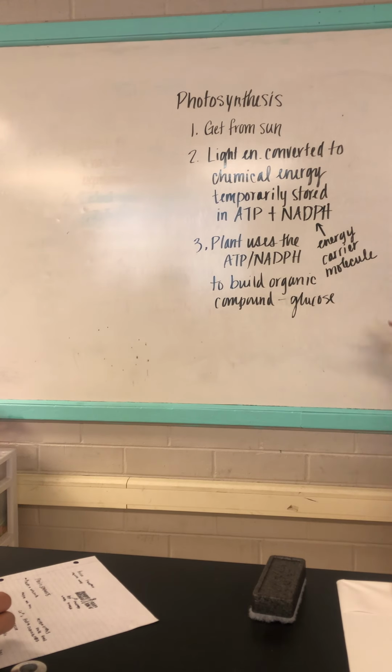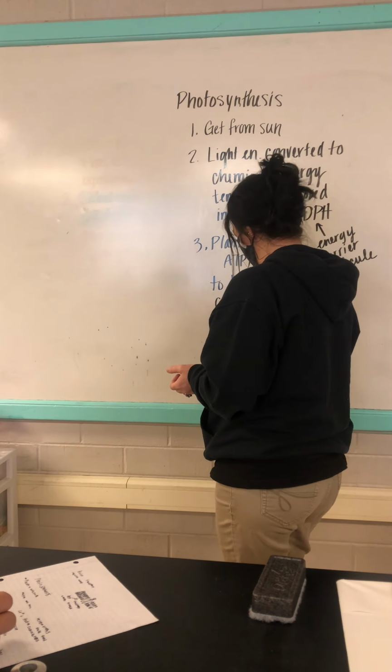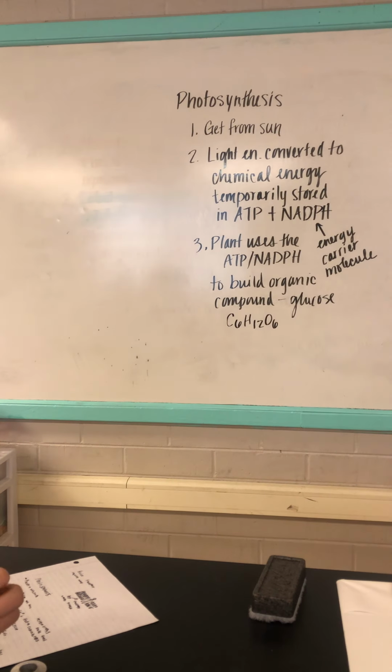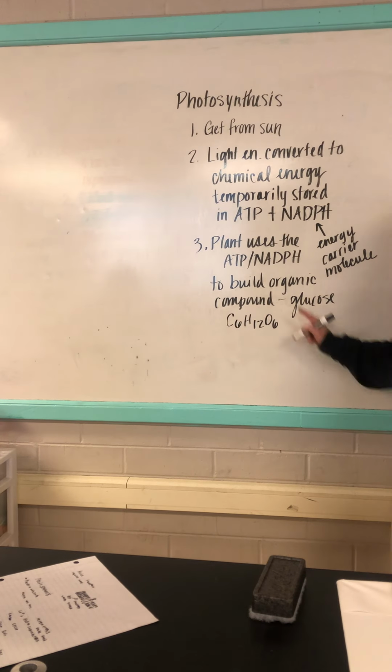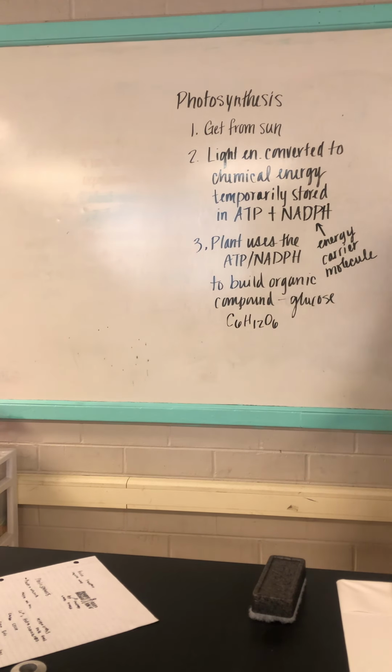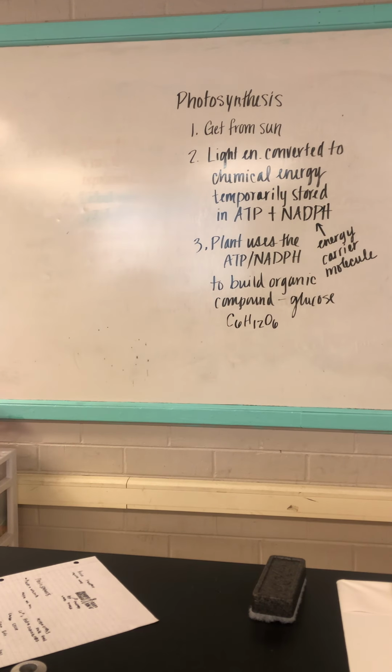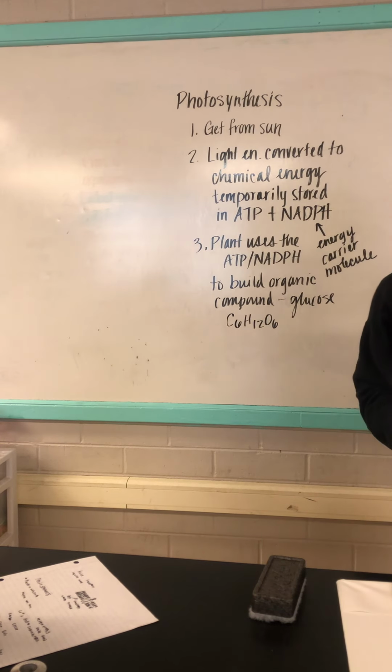So that's why glucose, C6H12O6, is an organic compound, or organic molecule is also okay. A lot of times organic stuff is more or less referred to as a molecule just because of the way it's bonded. But that's chemistry. We don't need to get into that right now.